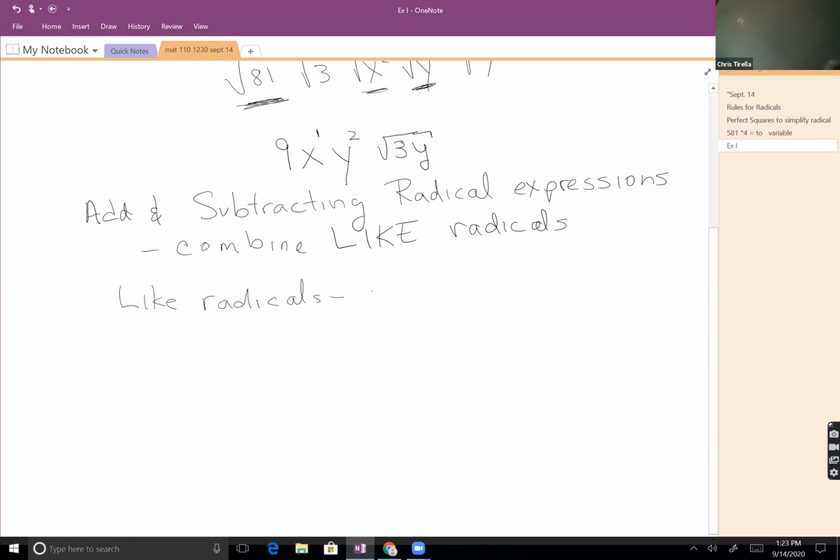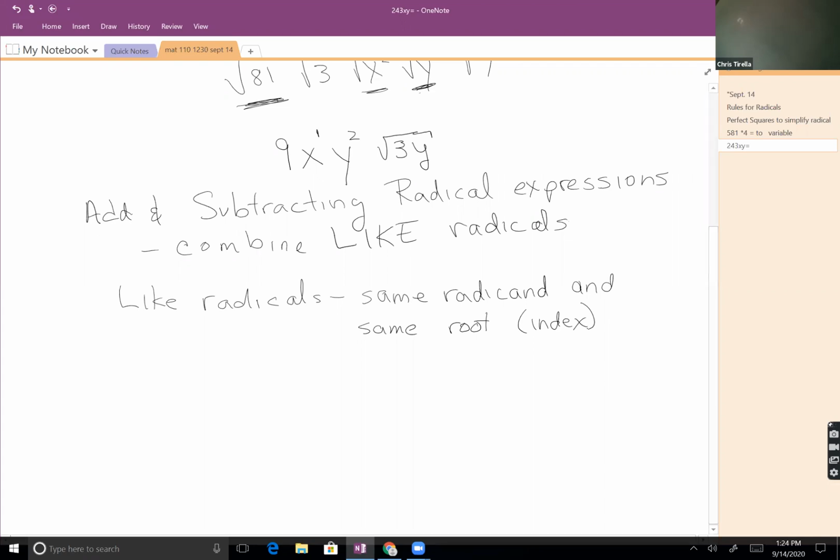They have to have the same radicand, which means they have the same number or quantity expression underneath the square root symbol. And we're looking for the same root, and the root is given by something called the index. Right now, we're only going to be looking at square roots.